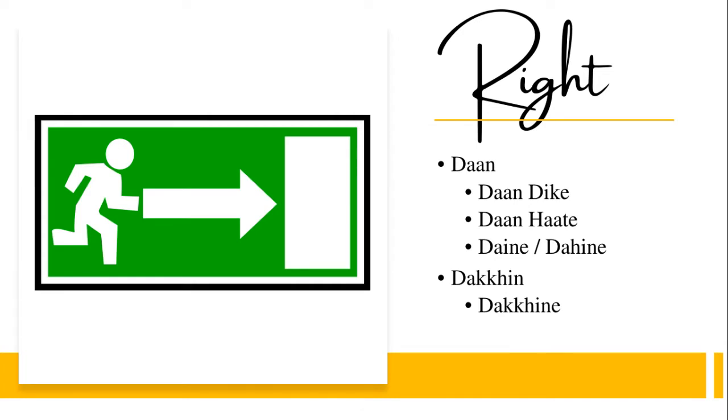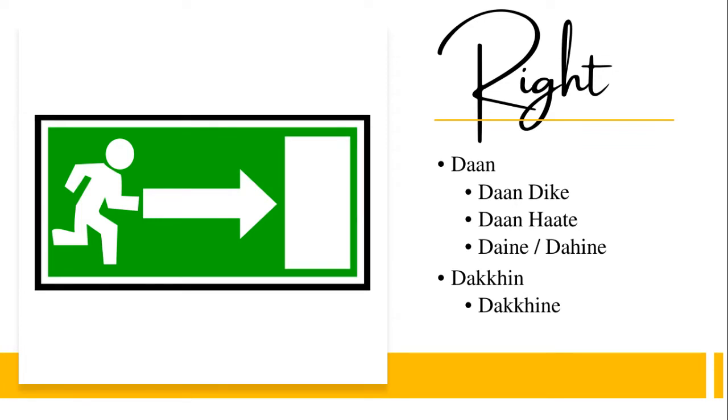Right. Right has two words. The most commonly used colloquial word is dan. Dan. And there is a more classical word coming from Sanskrit. It is dokhin. Dokhin is not very commonly used for relative directions because dokhin also means north, which is an absolute direction.